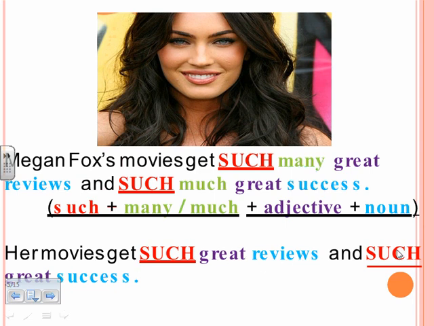Such great reviews and such great success, because success is uncountable. We cannot put a or an before success, so we say just such. So again, we put a or an after such if we have a singular noun. If we have a plural noun or uncountable noun, we don't put a or an before such, as we can see in this example.